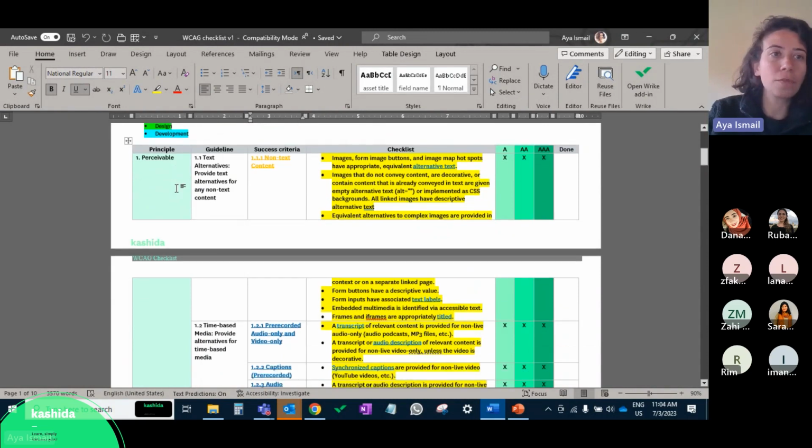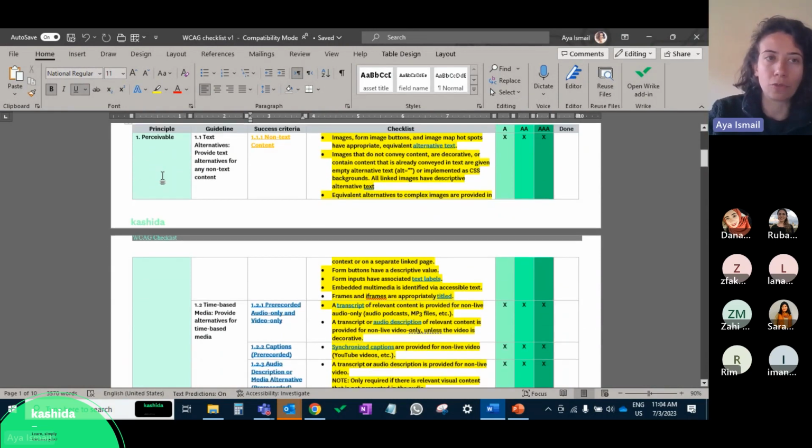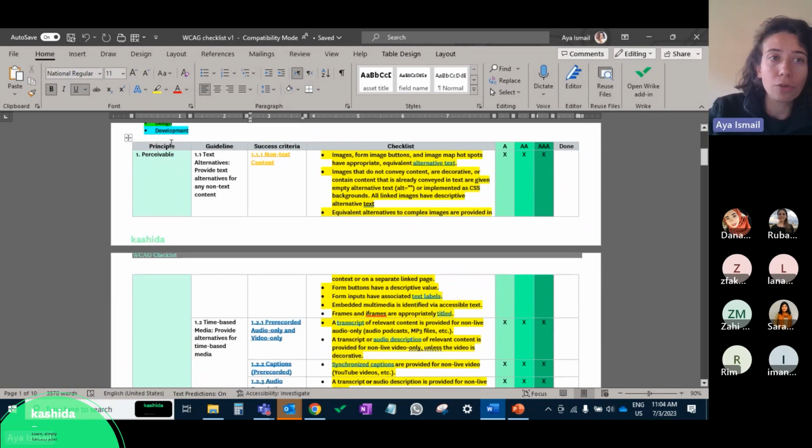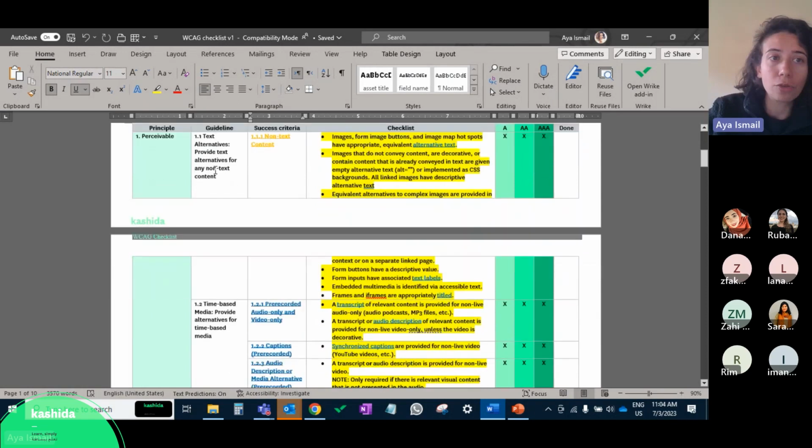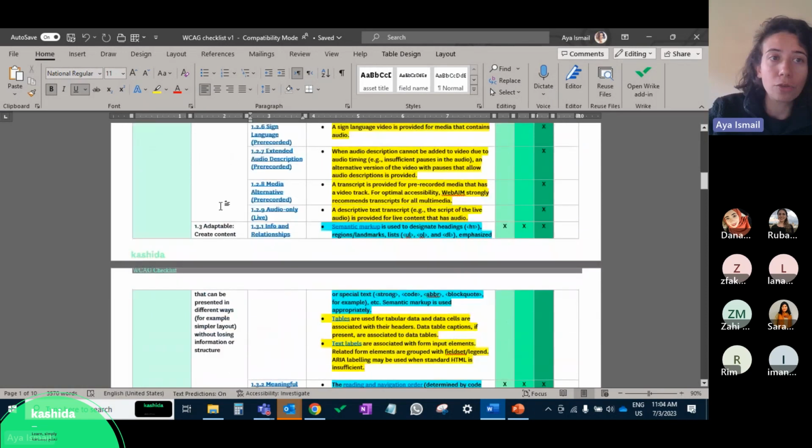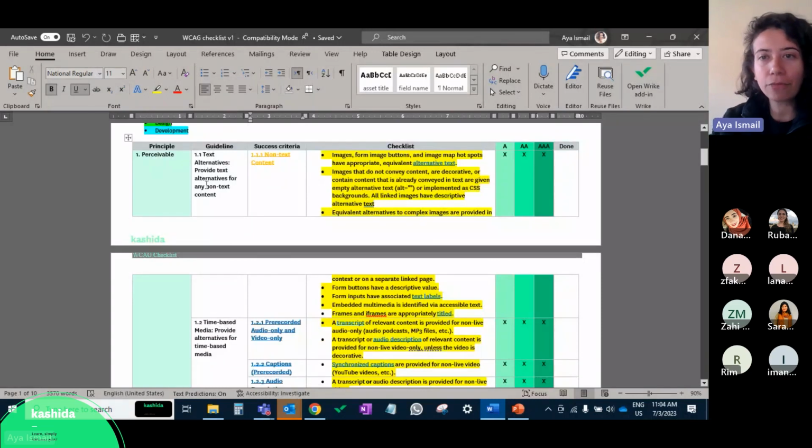You remember them by now: perceivable, operable, understandable, and robust. So it mentions every principle, all the different guidelines that are related to it. So these are available online, but she organized them in a way that's quite easy for use as a checklist.